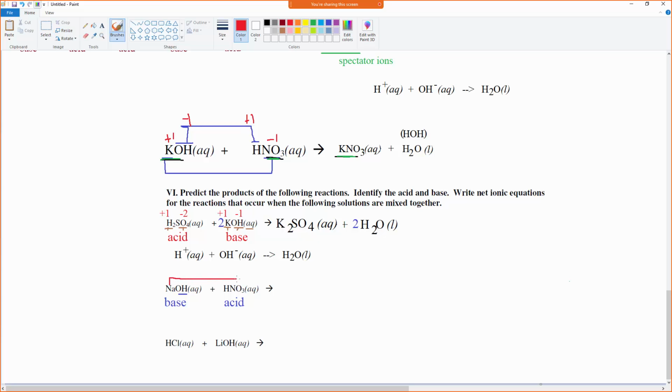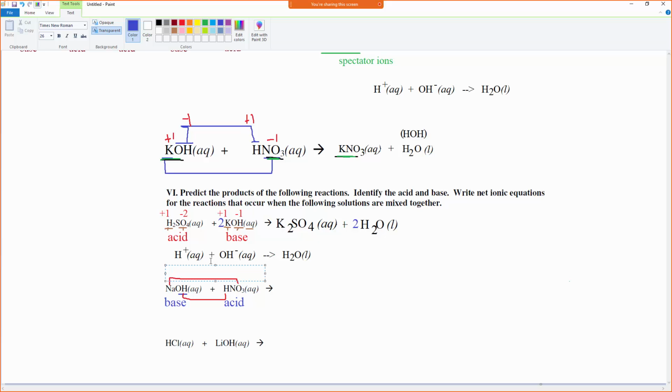Okay. And then when I combine the outer ions here, the inner ions here, it helps for us to remember sodium has a charge of +1, hydroxide is -1, hydrogen is +1, nitrate is -1. So that actually makes it really easy.